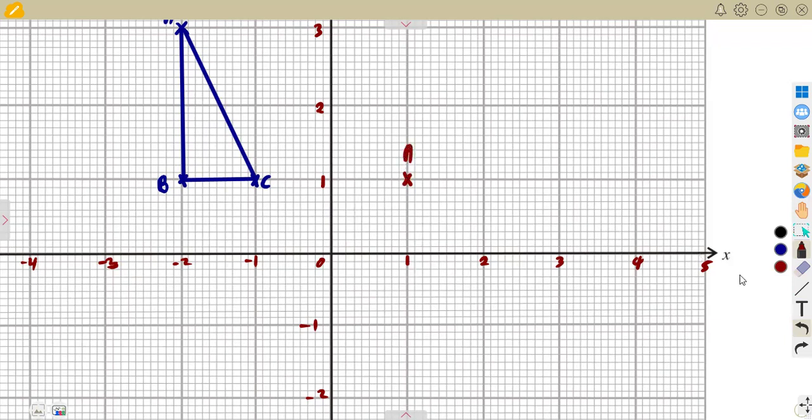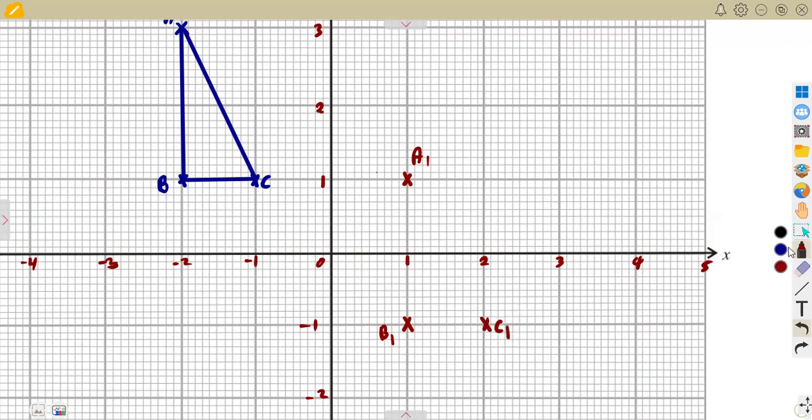The point B1 was given as 1, minus 1. That is, X is 1 and Y is minus 1. You mark your point. These are the points that we are given on top there. The point C1 was given as 2, minus 1. So you're going to mark 2 versus minus 1. That is your point C1.